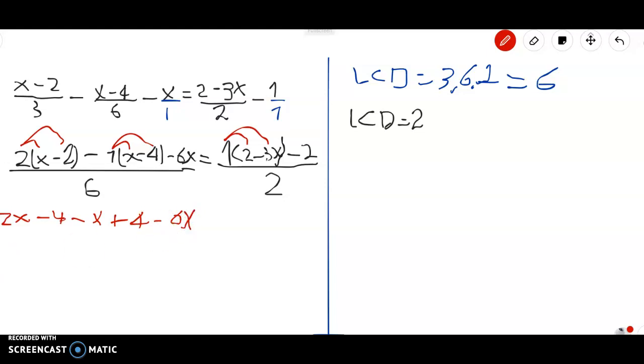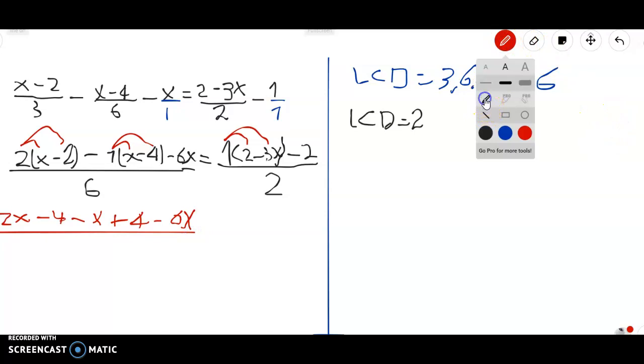Okay? So then we write the big denominator. Let's write better with an arrow here. And then we write the denominator here.